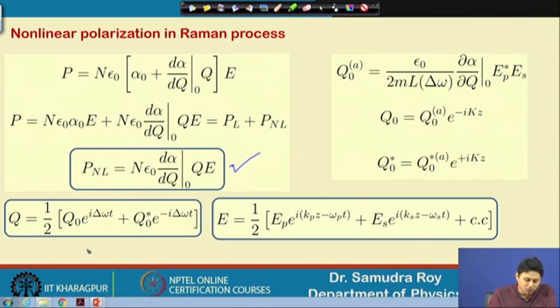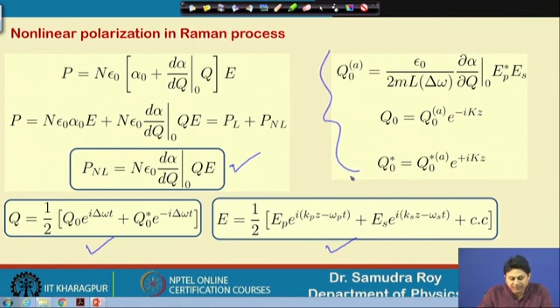Here we write q, this was our solution, and this was our value E. So, q we solve the forced oscillation using the forced damped oscillation model for a molecule. We calculate its generalized coordinate q, and when we calculate the generalized coordinate, it comes in this particular form.